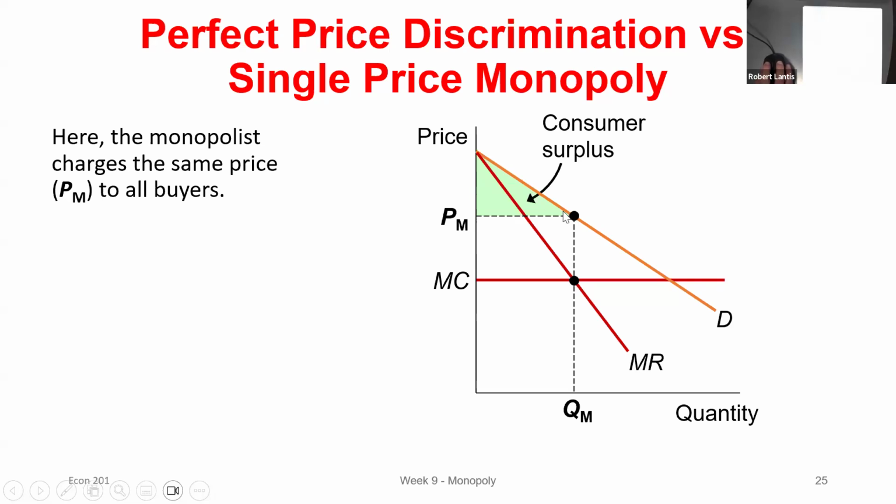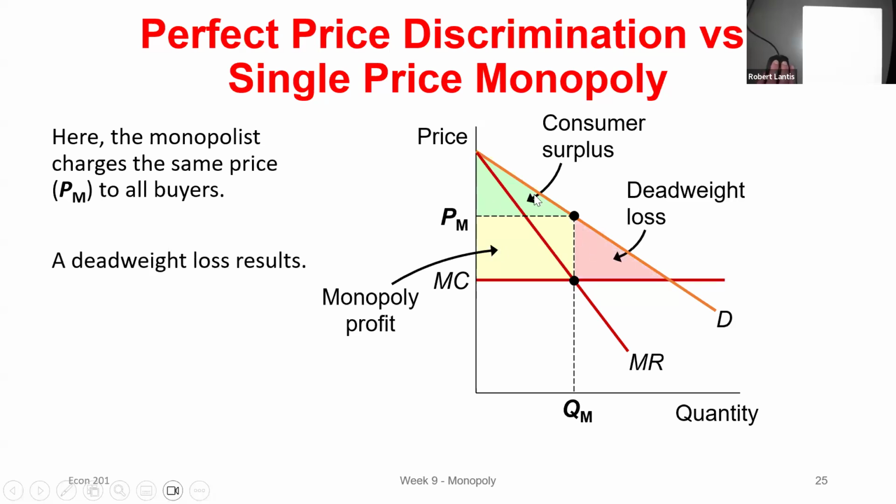The consumer would have been willing to pay a higher price for these lower quantities. So there's some surplus out there. We said before we had this transfer of surplus from producers to consumers. Here with the constant marginal cost, that also is our monopoly profit. How can the monopolist extract some of this consumer surplus and turn it into producer surplus or monopoly profits? Okay. So we had deadweight loss, right?